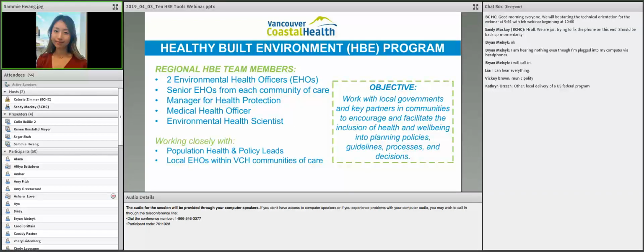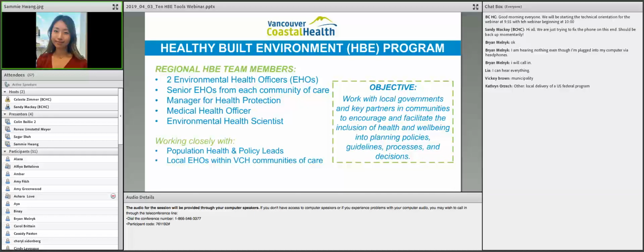I'd also like to take this opportunity to introduce our regional HBE team. Our team consists of 2 environmental health officers, or EHOs, including myself, working on regional HBE issues, as well as senior EHOs from each community of care, a manager for health protection, a medical health officer, and an environmental health scientist, who's quite unique to our team. Our HBE team works closely with the population health team and local district EHOs within our communities to provide the local context and perspective.